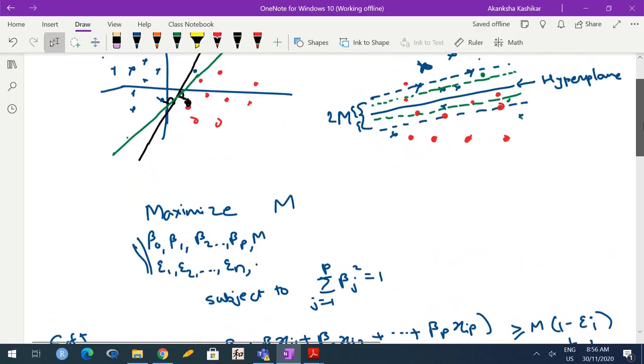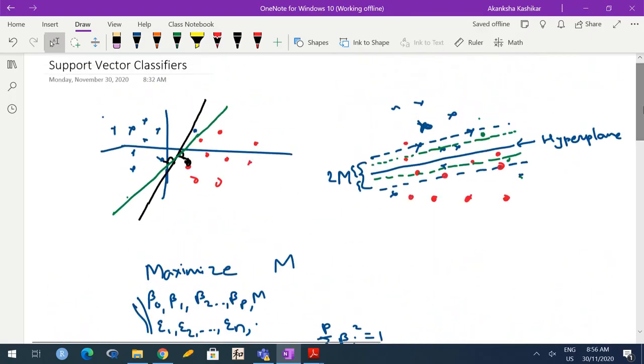Now what are support vectors in this context? Of course, points which are on the margin are support vectors, and points which are on the wrong side of the margin are also support vectors.